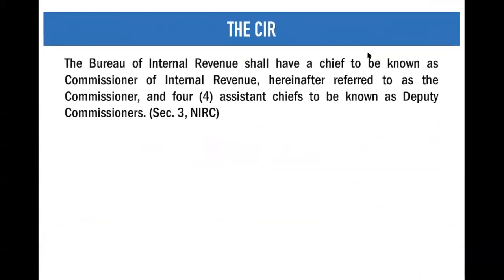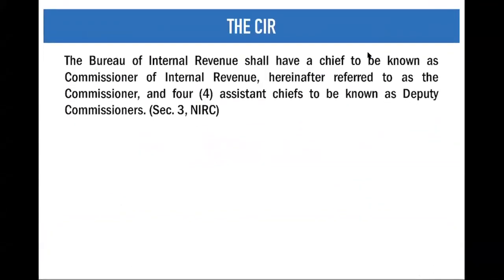Now we go to the CIR. If this is the President, the head of the executive, we have the Department of Finance, headed by the Secretary of Finance. And under the Department of Finance is the BIR, which has the CIR. The CIR is the head of the BIR.